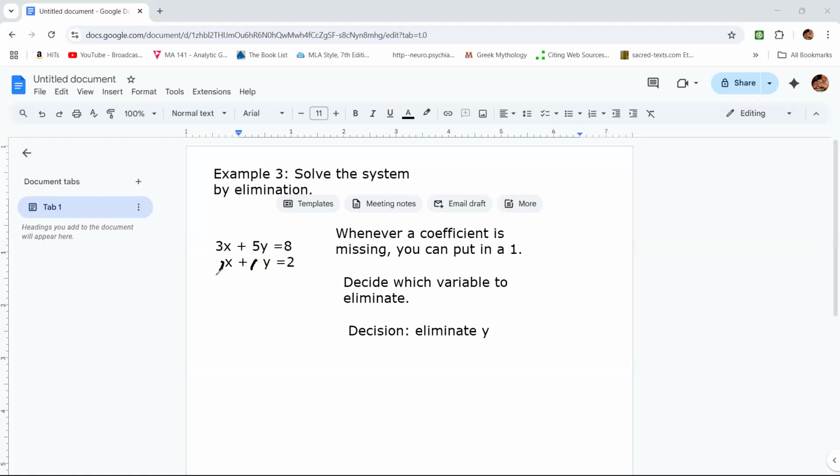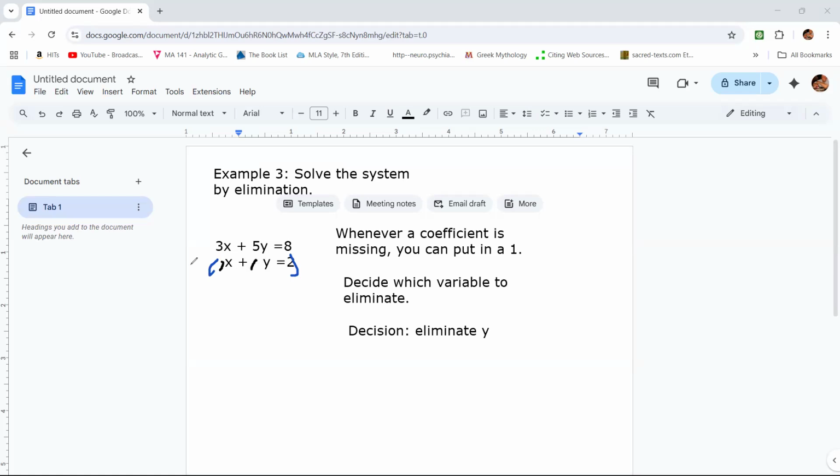I'm going to take this equation at the bottom, and I'm going to use a giant parenthesis. I'm going to use, how about blue? Okay. Going to use a giant parenthesis. And I'm going to multiply. I want this term to be -5.